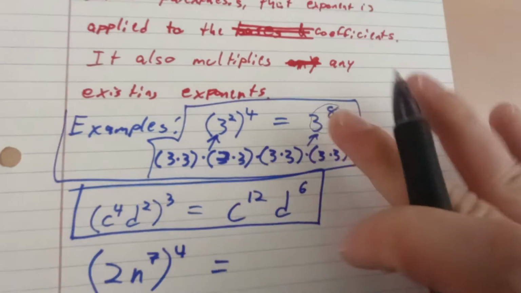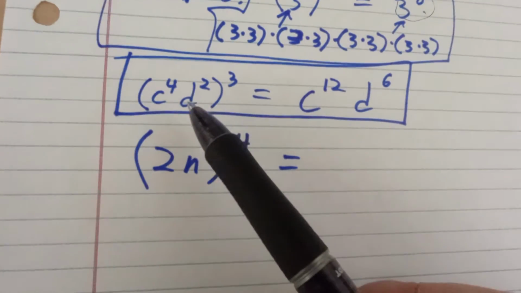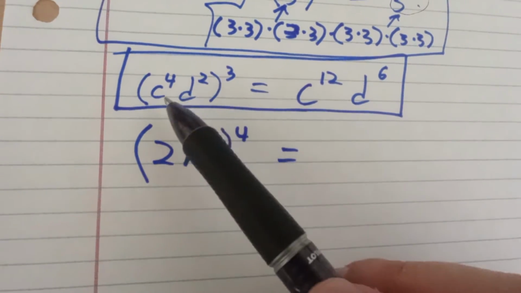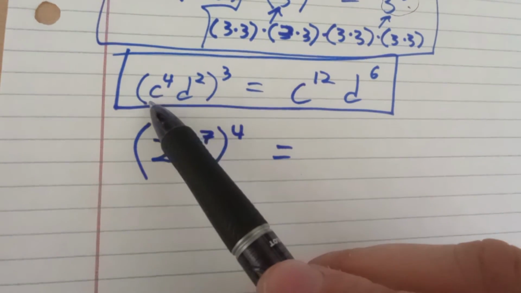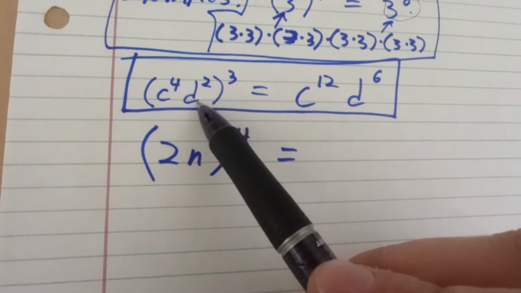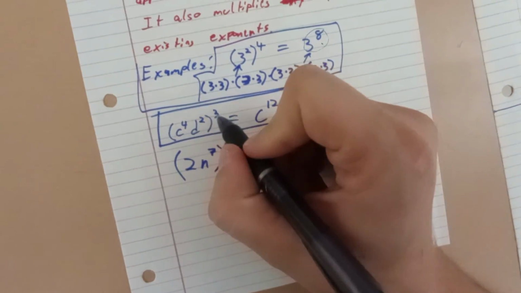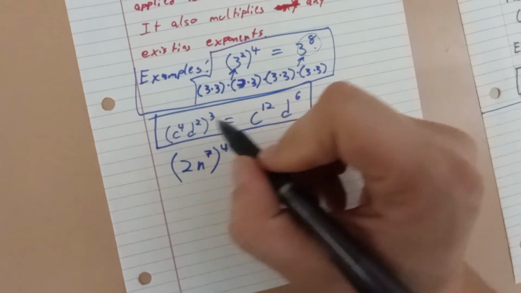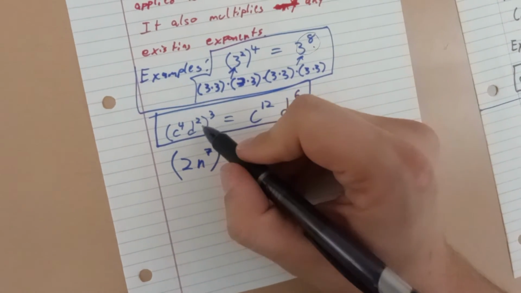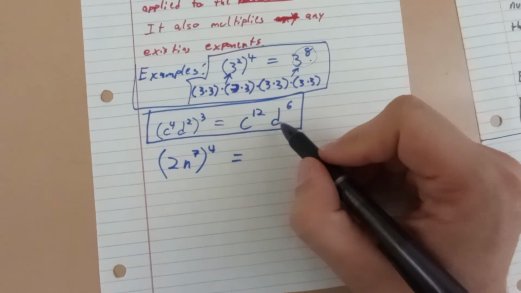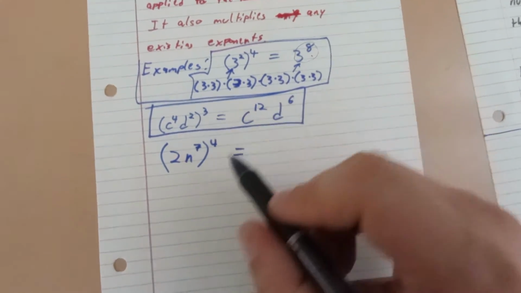The same goes if there are no actual numbers and we are just using variables. We have c to the fourth power times d to the second power, all raised to the third power. So what that means is we would do 3 times 4, and that gives me c to the 12th power, and 2 times 3, and that gives me d to the 6th power.